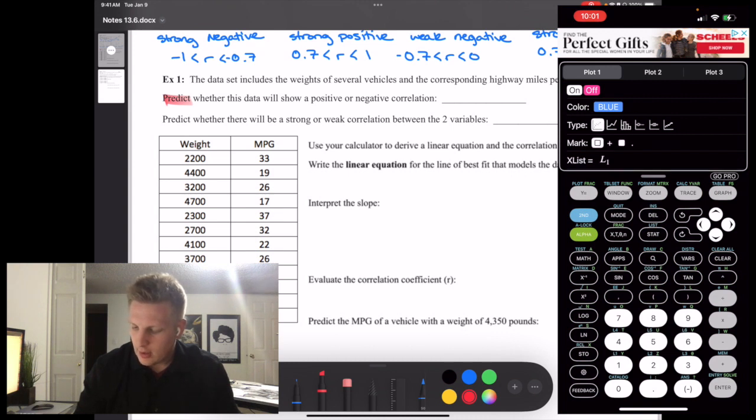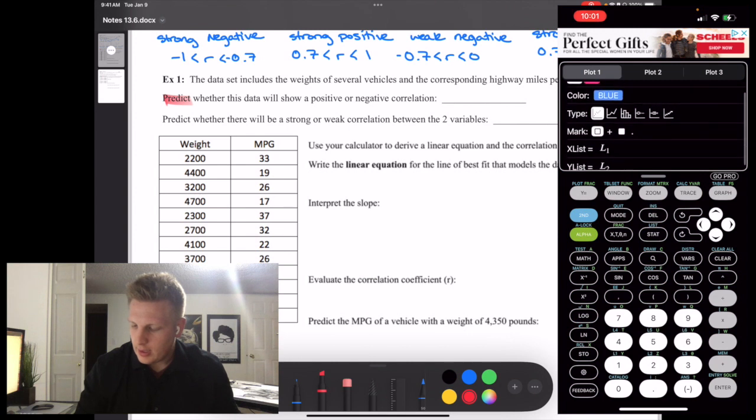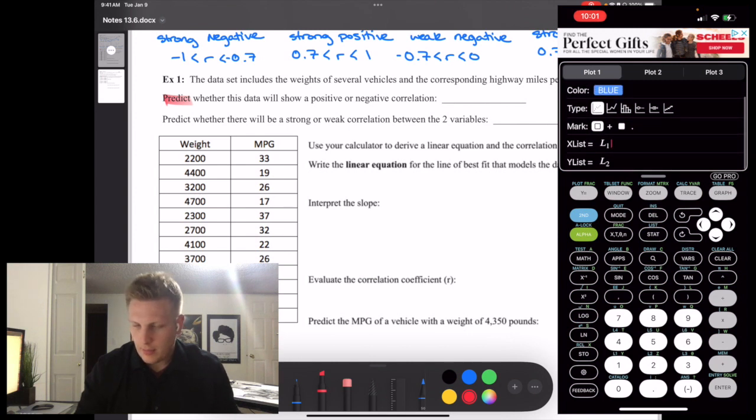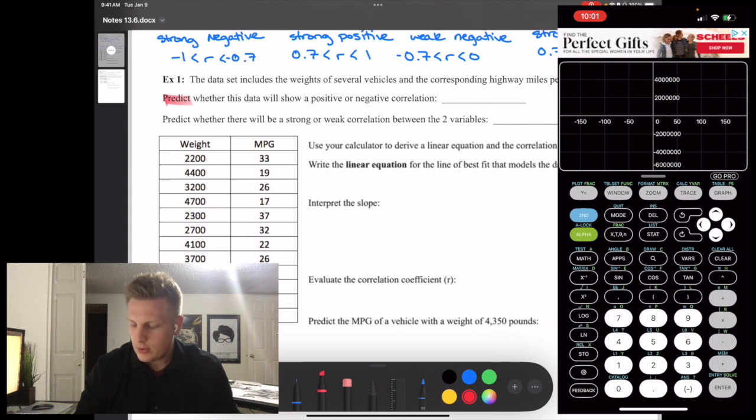Those are super exciting. But we're going to go in this first one. It's a nice step one. I can choose what kind of symbol it has. But the important thing here is that I'm using my L1 and my L2. So that's going to be my X and my Y coordinate. That way, whenever I hit graph, it should give me some values here.